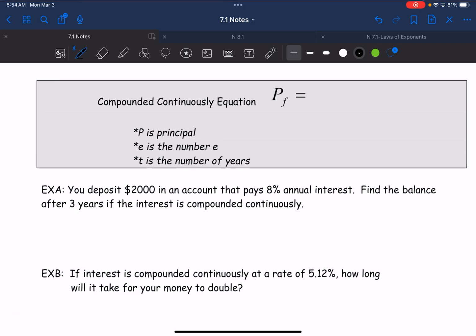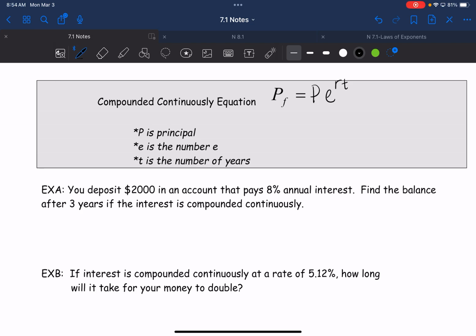Okay, and this formula would be P times E raised to the R times T. P, again, is the principal, right, the original amount. E is the letter E or the key E on our calculator, like some exponential function key, all right? And then R still is your rate, T still is your time.